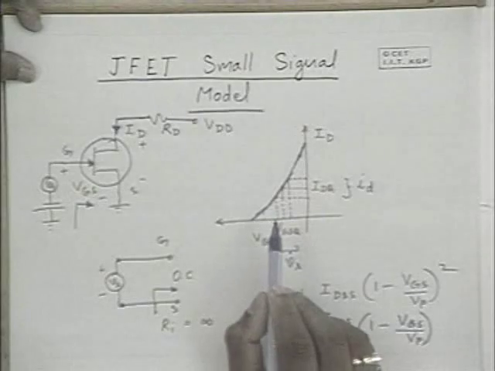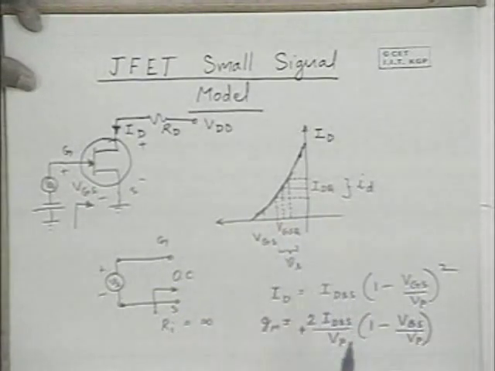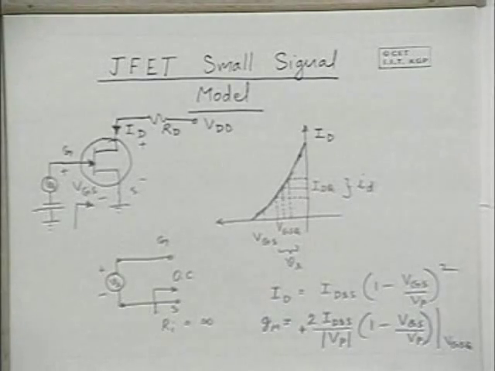Therefore, it is a function of the VGS. Right, that's right: mod VP into (1 minus VGS). So gm is equal to this at VGS equal to VGSQ, so it depends on the Q point. Hence, this is equal to this relationship.